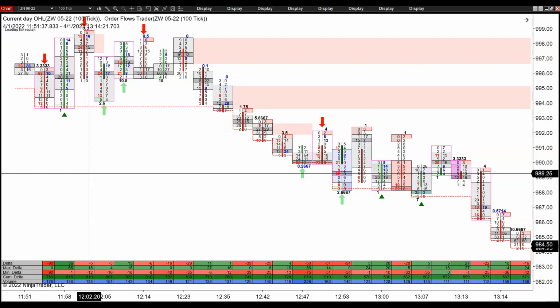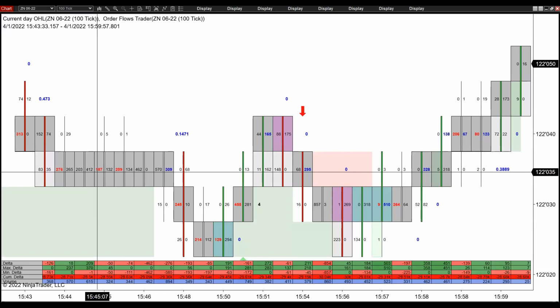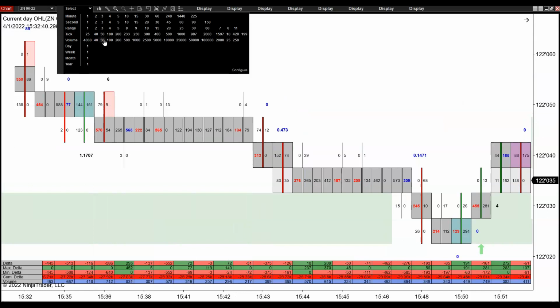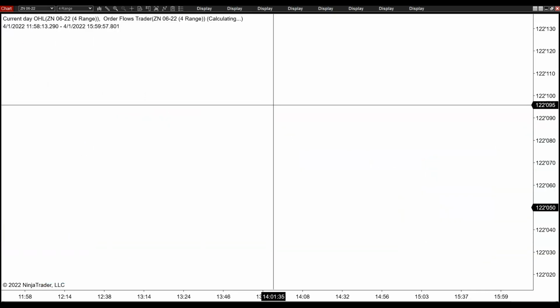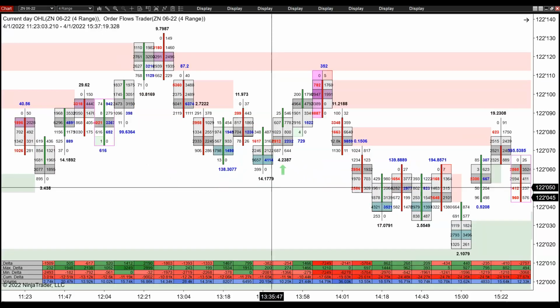Ultra bonds is a great market. There's a lot of things you could use in there. It follows order flow terrifically. But if someone were to say, Mike, you have to trade one market and the market is 10 years, I would use a range-based chart, because 10 years is a very deep, liquid market.